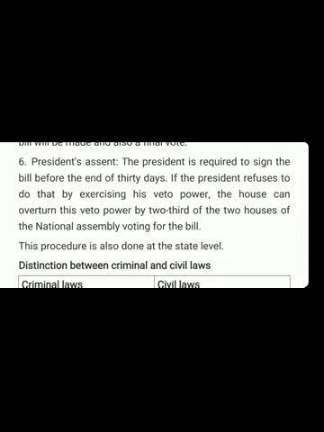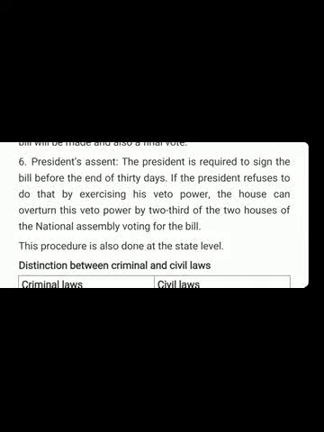If the president or the governor refuses to do that after 30 days, that is, he is trying to exercise his veto powers because he believes that the bill should not be law, the House can overturn this veto by two-thirds of the members of the two houses of the National Assembly voting for the bill.